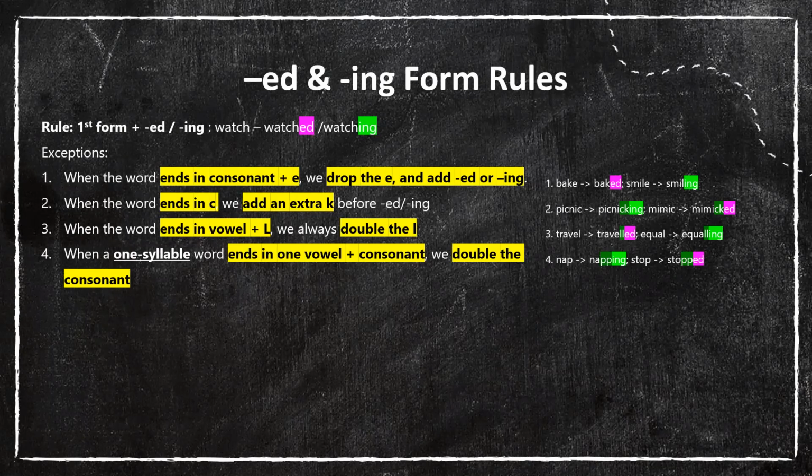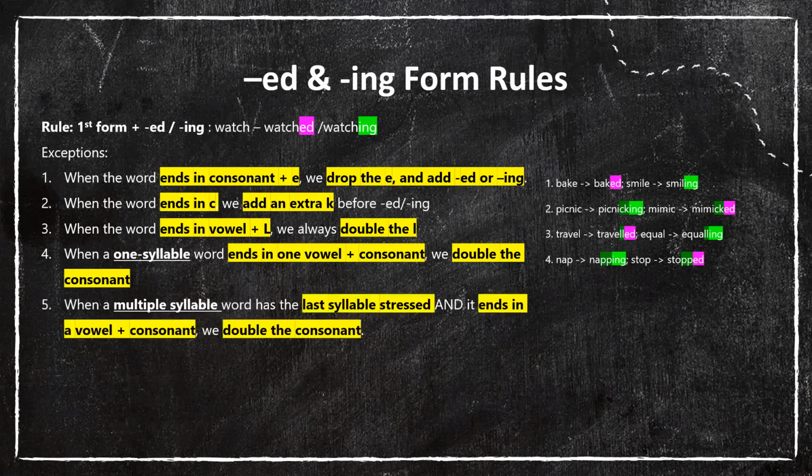If it has two vowels and one consonant, then we don't double the last consonant. For example, doom, to doom somebody or something, it has O-O-M. We don't double the M. It's D-O-O-M-I-N-G or D-O-O-M-E-D, right? I'm doomed.